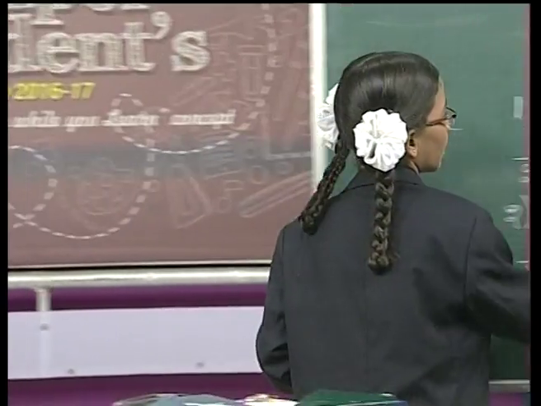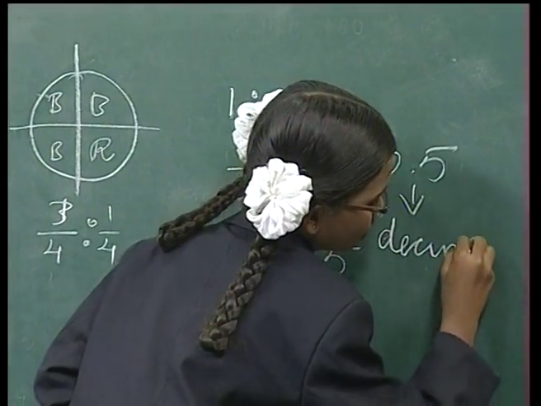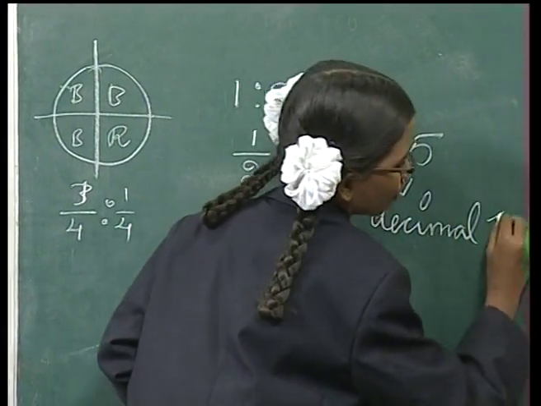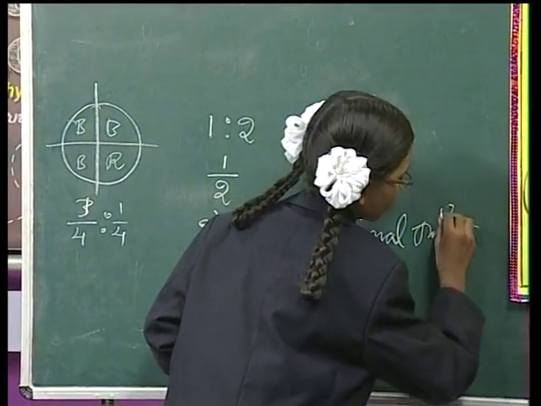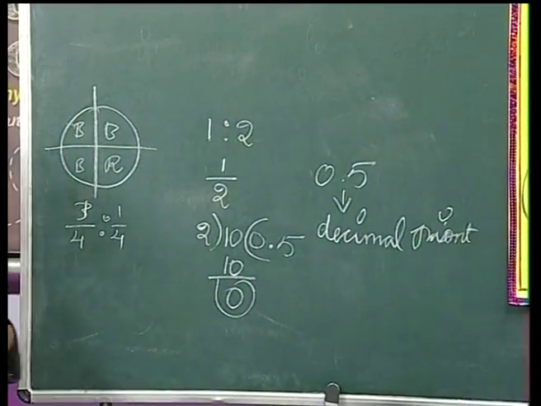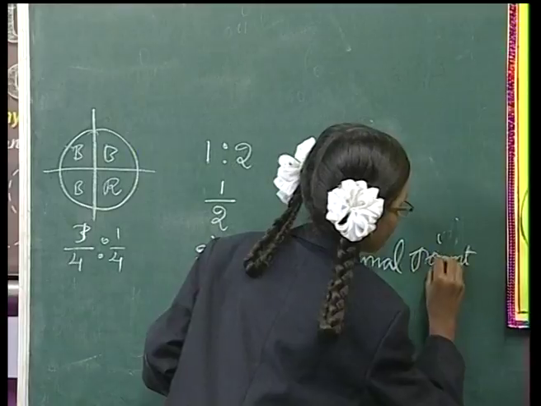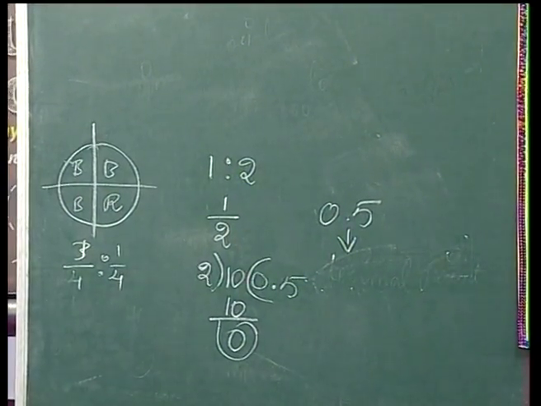Friends, in 1.5, the point is called the decimal point. For example, decimals 0.2, 0.5, 0.25, etc.